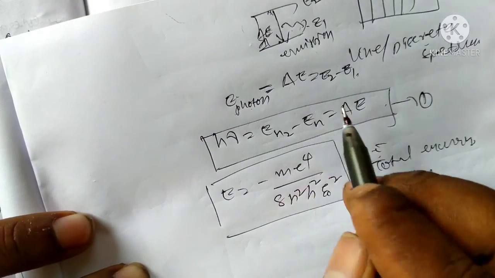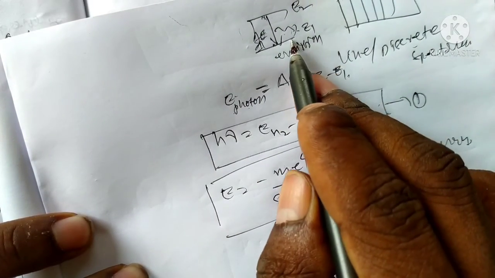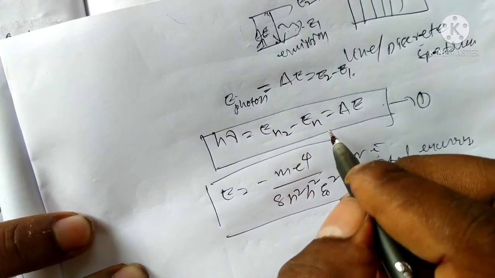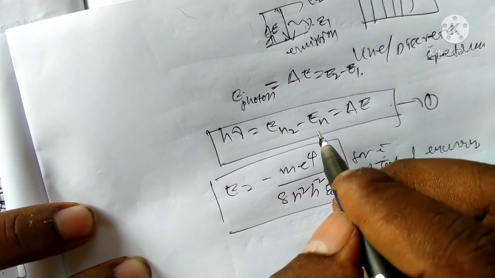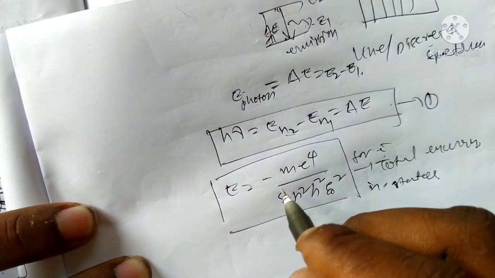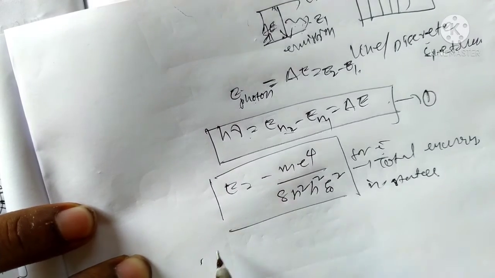Here we can apply it to the second state and first state, the first excited state and ground state. We can substitute n1 and n2 and find the energy from this equation.